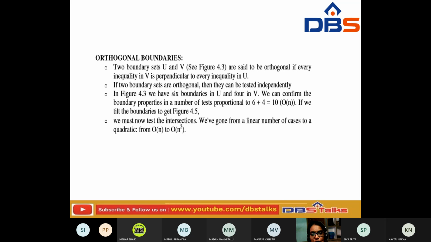This is O of n, the time complexity that we are going to take. If you have the tilted boundaries, we must now test the intersections, and we have gone from a linear number of cases to the quadratic, that is, the time complexity may increase from O of n to O of n square.